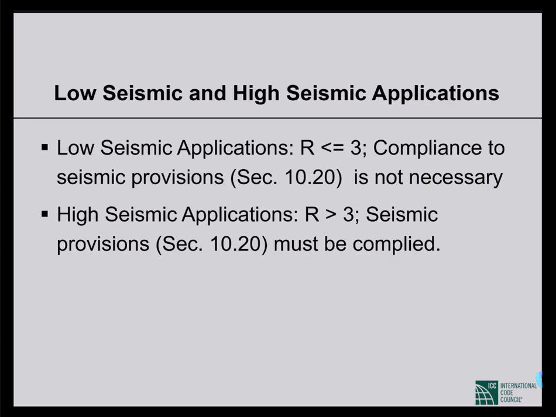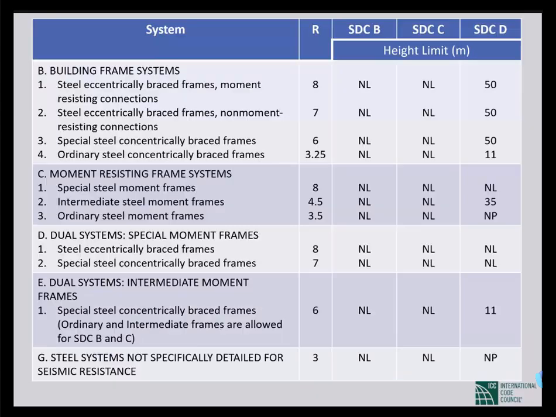Now, what does that mean? Let's see when we use a value of R less than 3. I have mentioned here all the building types which are related to steel structures.